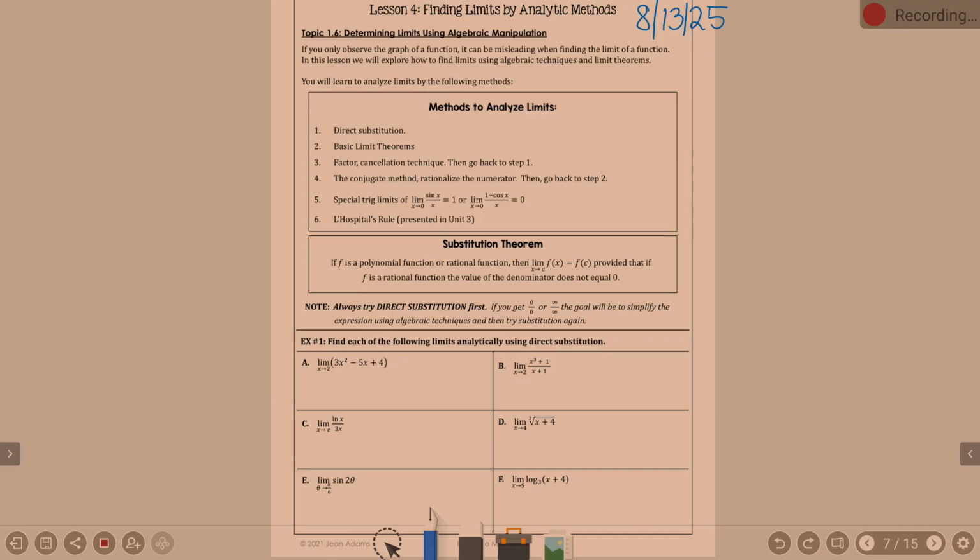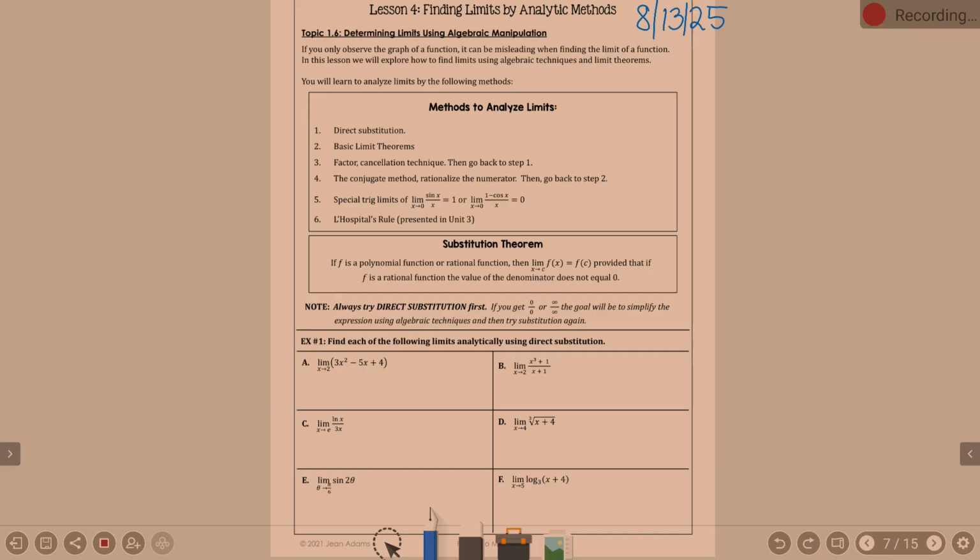And we're also going to talk eventually about L'Hopital's rule. It looks like Hospital's rule, but it's pronounced L'Hopital's rule, and there's an alternate spelling for it too. But we don't hit that till Unit 3, because we have to know how to do derivatives before we can talk about L'Hopital's rule. So, all different ways to talk about limits.